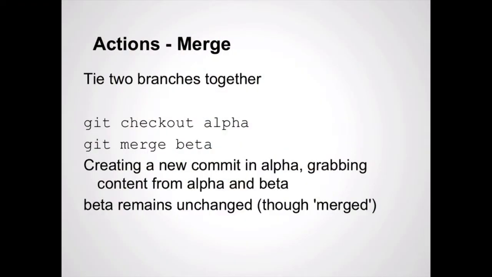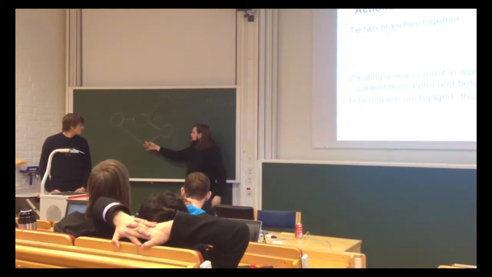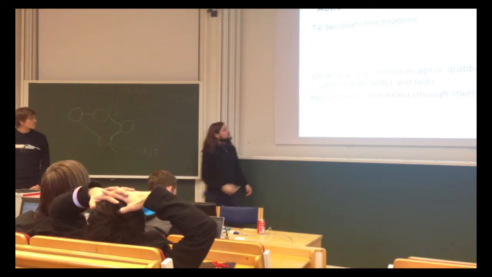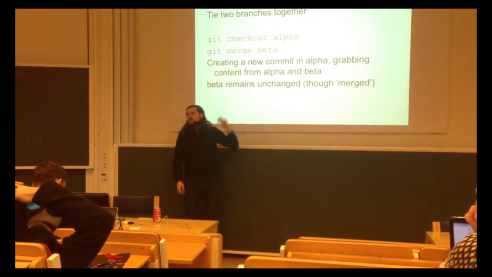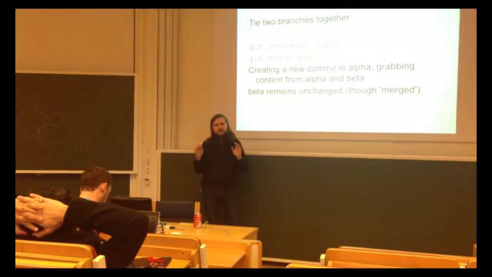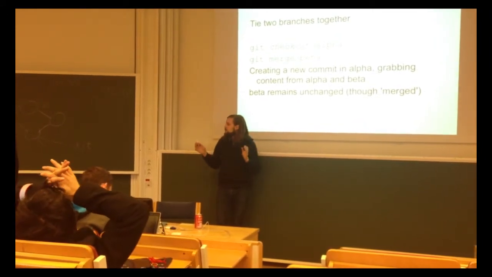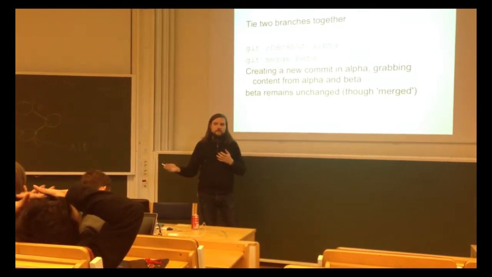If I first check out the branch called alpha, in this context alpha is a branch, and perform git merge beta, it will use the beta commit as a parent and also the alpha commit as a parent. The alpha branch will point at the new commit, but the beta branch won't. The beta branch will remain unchanged. The only thing that has changed is that the last commit in the beta branch now has a child, but it's unaware of the child.